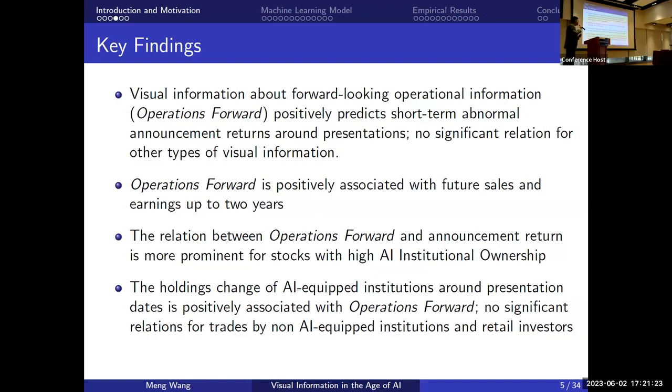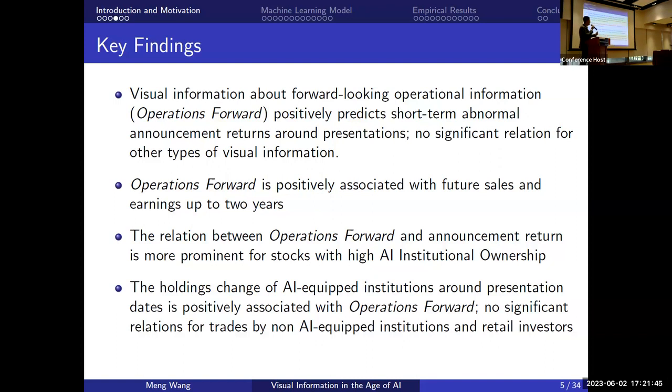And the third finding is that the relation between operations forward and announcement return is more prominent for stocks with high AI ownership. Basically, we calculate the AI relatedness of the financial institutions in our sample using the Burning Glass data.